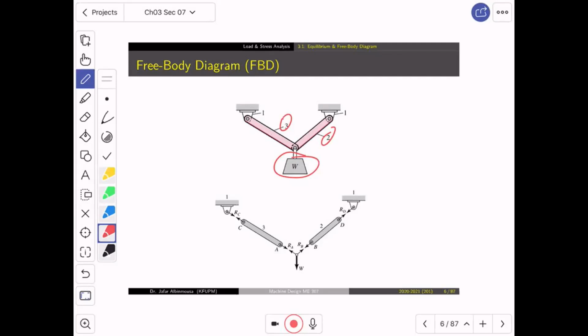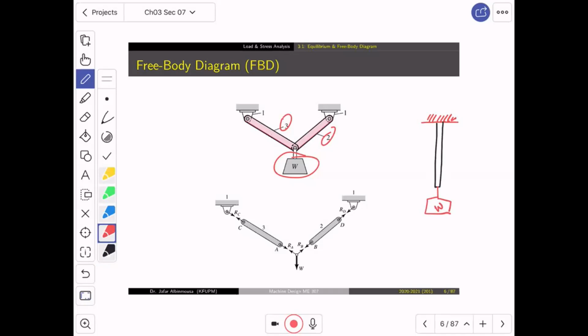As mechanical engineers and designers, you should think like this. Let's say this is a wall, and then I have a rod, just a rod, and let me hang a weight over here.